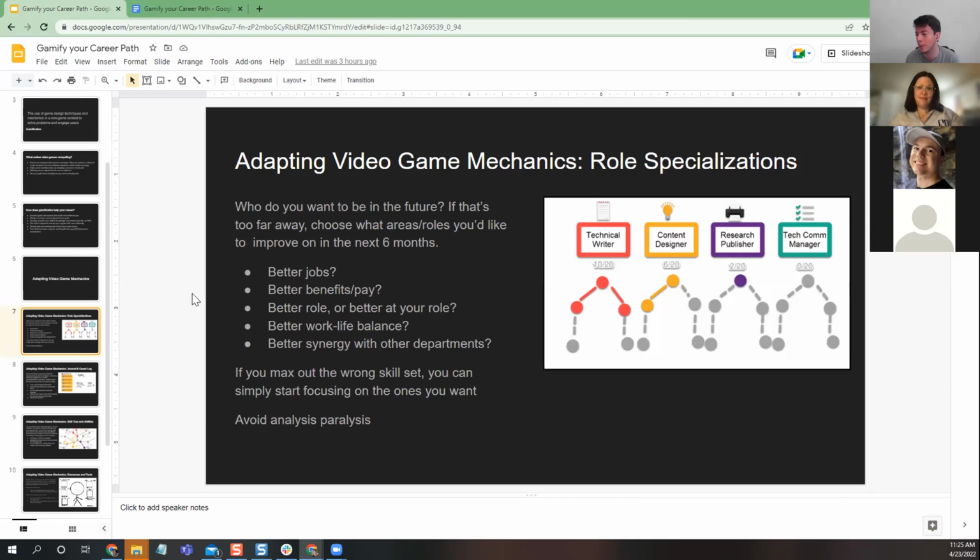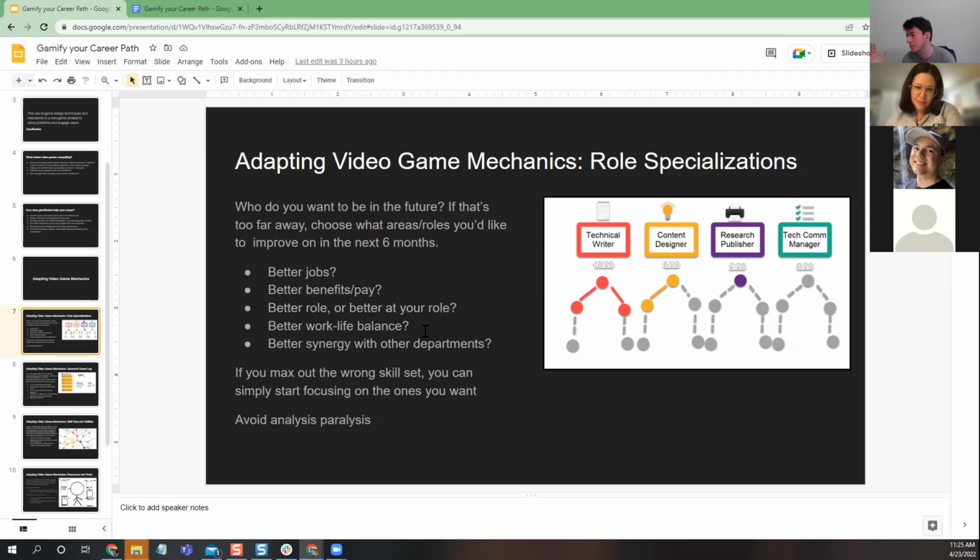Whether you want a better job, or, if you're still a student, an internship. It might even be where you want to be in your current department, what relationships you want to have with your professors, what papers you want to write, what projects you want to work on. Then place those into, I would say, 3 to 4 different roles, and think about where you want to be in those 6 months.